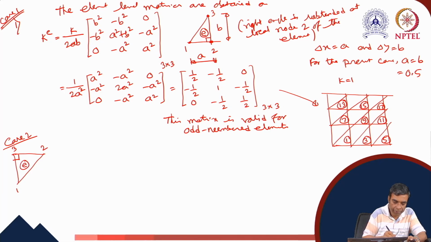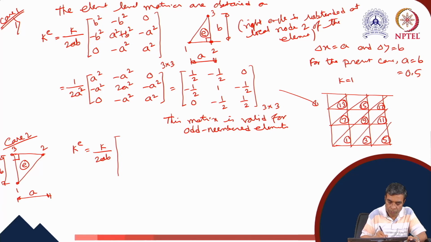This is element E. So the base is delta x, that is equal to A, and height is delta y, that is equal to B. So for this case, KE equals K by 2AB into A square 0 minus A square, 0 B square minus B square, minus A square minus B square A square plus B square.